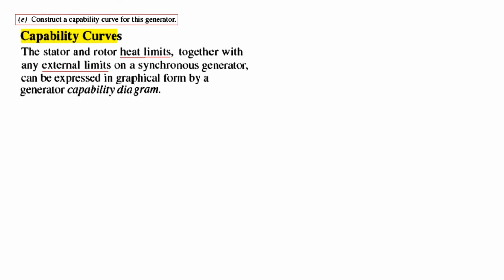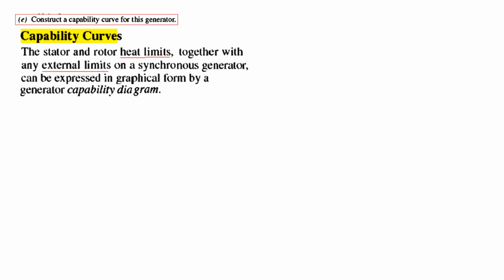Now we finally come to construct a capability curve for this generator. Capability curve is a complicated topic. I'll not explain this, but I'll just give you an idea what all is required.